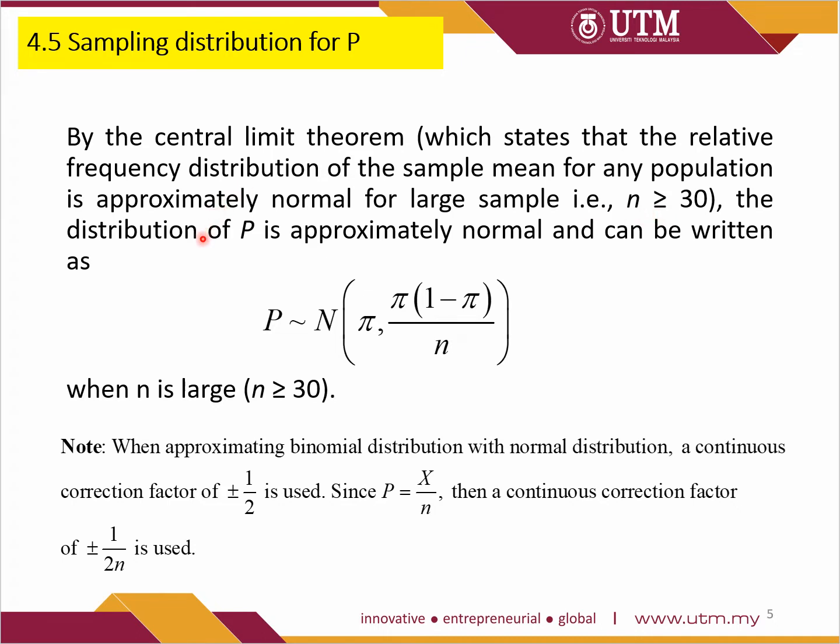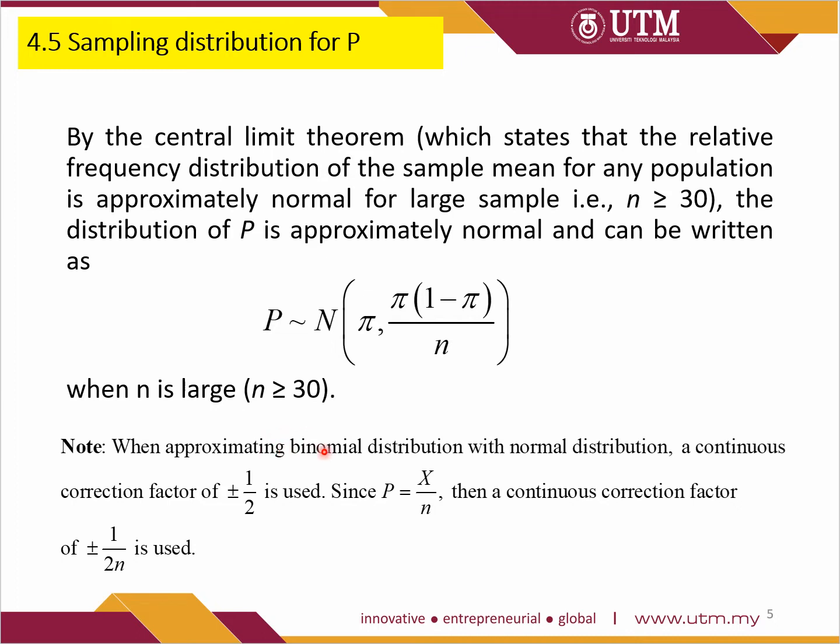So the distribution of the proportion is approximately normal and can be written as P follows normal, where the mean is the population proportion and the variance is pi times 1 minus pi over n, when n is large, that is, n is greater than or equal to 30.